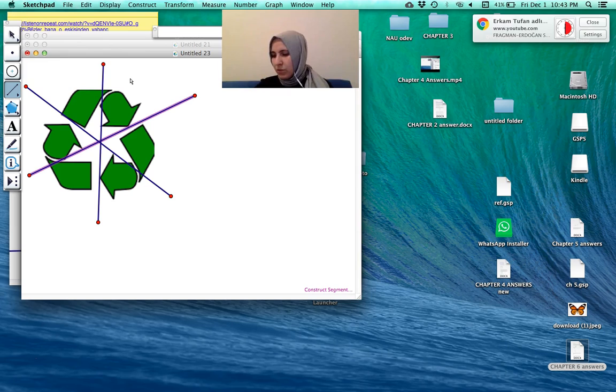What order of rotational symmetry does the recycling symbol have? In my opinion, if we turn the recycling symbol 120 degrees counterclockwise, the recycling symbol looks similar to the original picture. If we turn it another 120 degrees, the result will look just like the original.